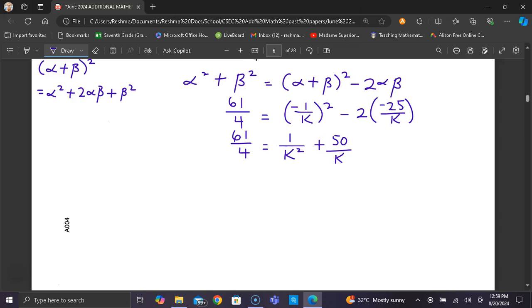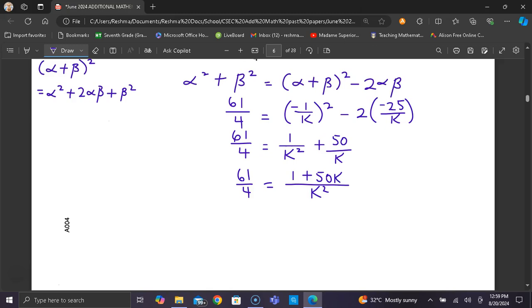Alright, so let's make this into one fraction. Common denominator will be k squared. So this, of course, will be 1. And k into k squared will be k times 50, so that's 50k.